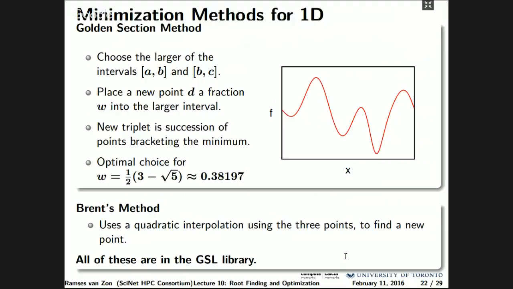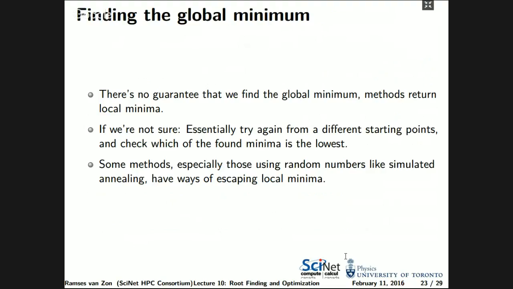Nothing will tell me that that's not the lowest point of the whole curve. It only tells me that locally I have a minimum, right? So the only way to be more sure about this is to try again, with different starting points, and see if you get the same one.